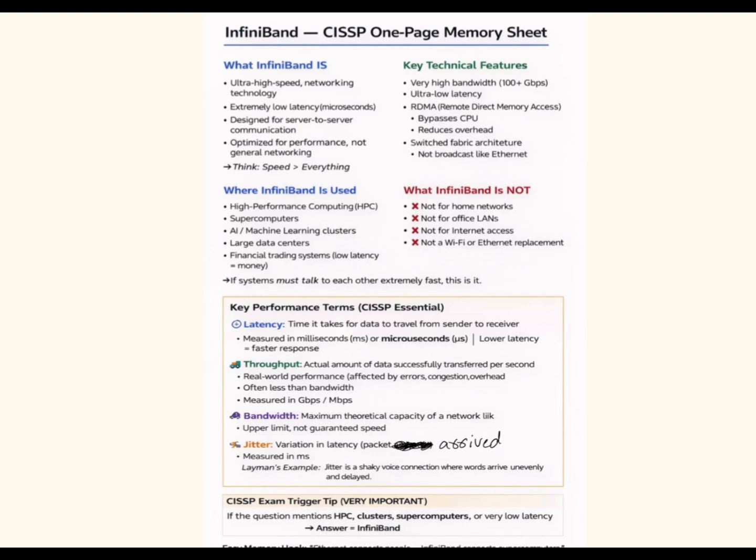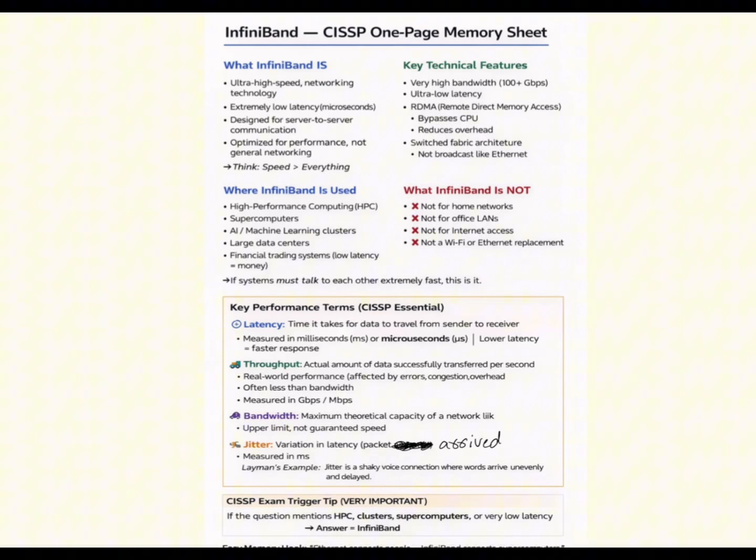What InfiniBand is? InfiniBand is not just bandwidth, it is a complete high performance networking architecture designed specifically for very fast, very low latency communication between servers. InfiniBand is a specialized super high speed data highway for computers talking directly to each other.